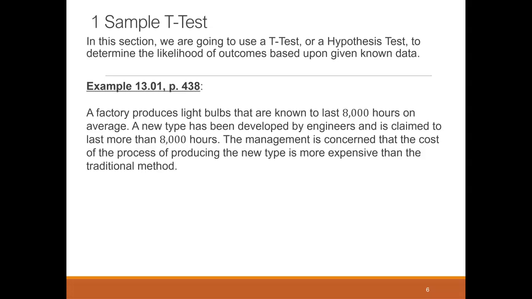And if it doesn't really last more than 8,000 hours, is it really worth it to change our process to make a better light bulb if it's more expensive to do so? I'm not really convinced yet that the light bulb will last longer than the one we're currently making. You see the conundrum? We need to figure out if this is actually a better light bulb before we make the change and cost a whole bunch of money. Like a real business kind of decision, right? If you're an industrialist or something.